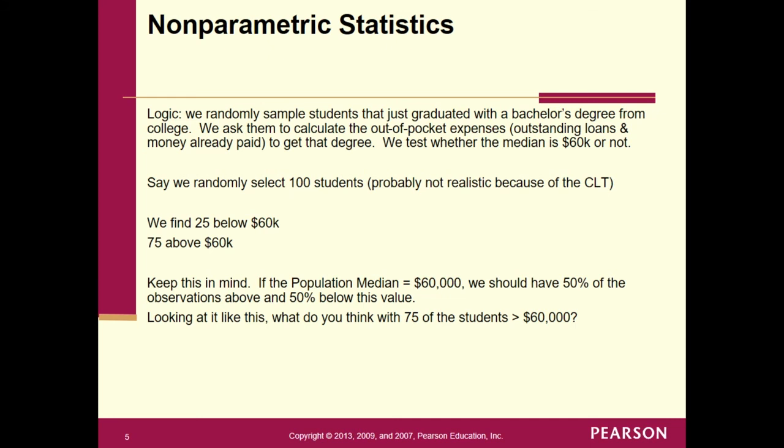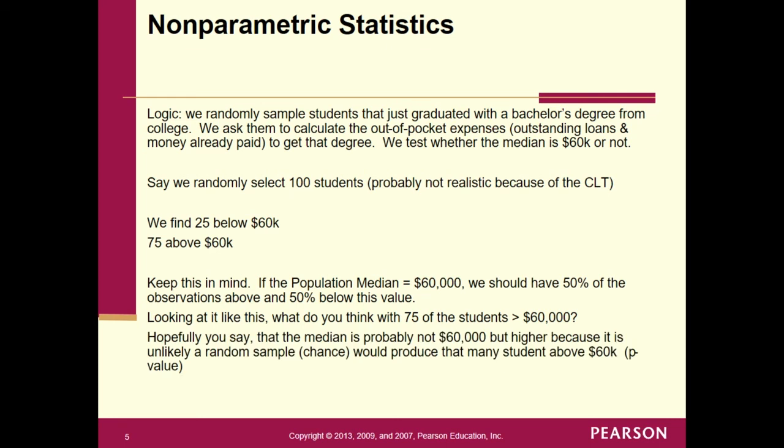So with this kind of split, do you really think that the population median is equal to 60,000, or is it something else? And hopefully you say, it's probably not 60,000, but it's probably greater than 60,000 because we had so many more. We had a 75-25 split, 75 above 60,000, all right?